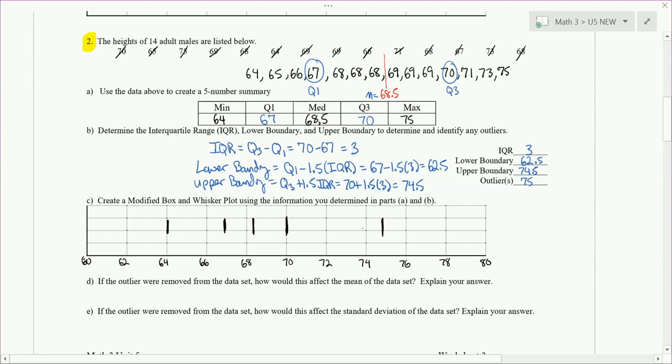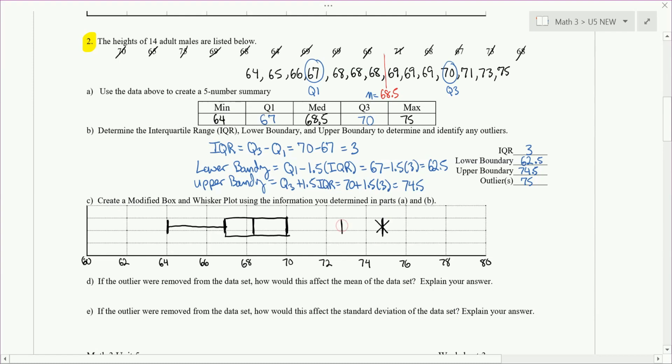Your box goes from Q1 to Q3. So this is our box. You draw whiskers out to your min and your max as long as they're not outliers. Our min's not an outlier, so we're going to draw a whisker to that. But our max is, so I'm going to turn it into an asterisk, so that's an outlier. Instead of drawing to that, we're going to draw to the second largest number in our data set, which would be 73.